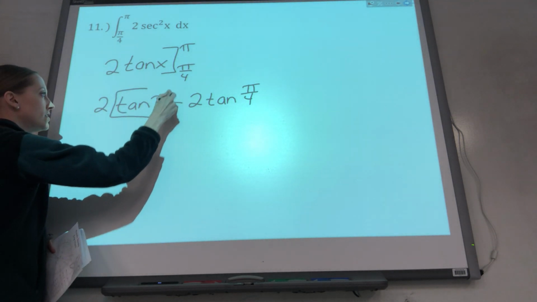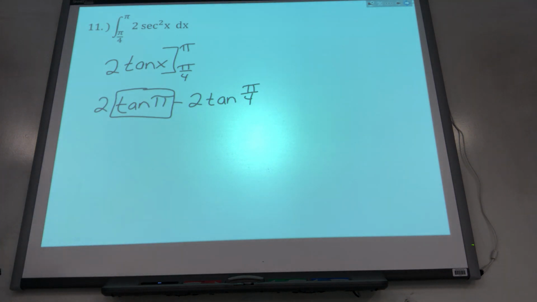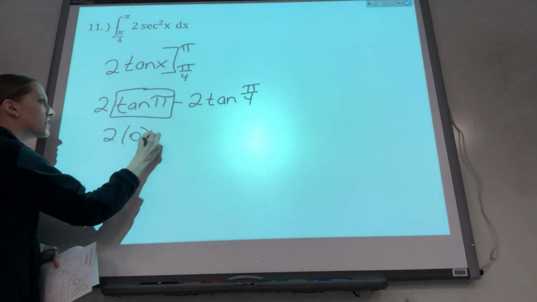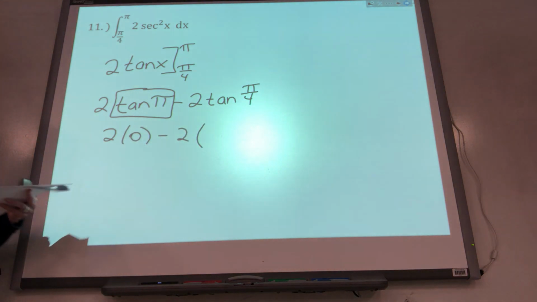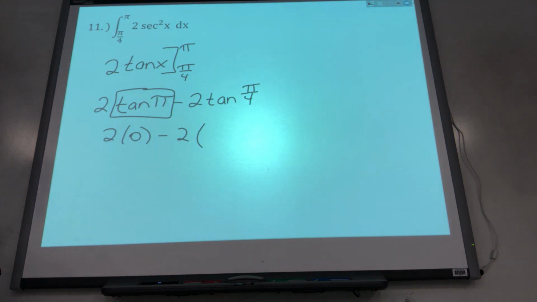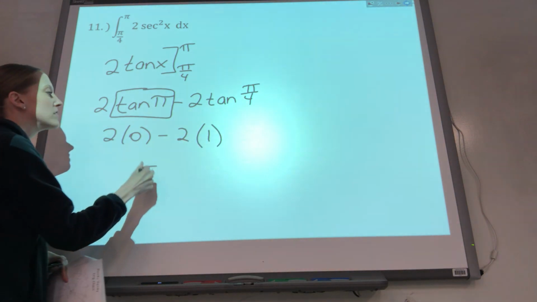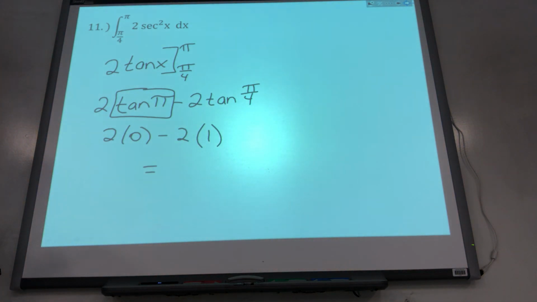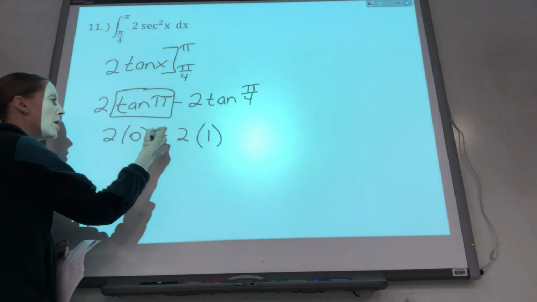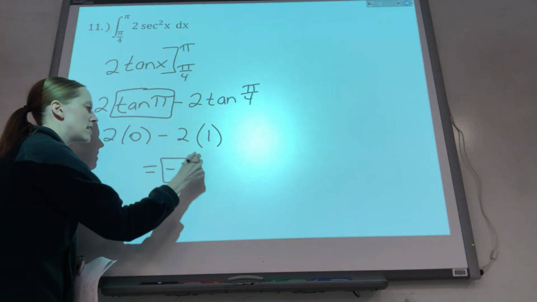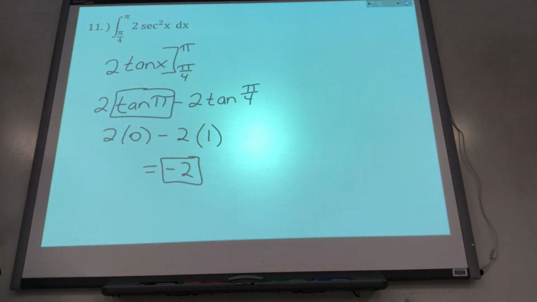But tangent of pi, using that big table at the bottom, tangent of pi is actually 0 minus 2 times tangent of pi over 4, which is 1. So by the time I take the 0 minus 2, I'll just end up with negative 2.